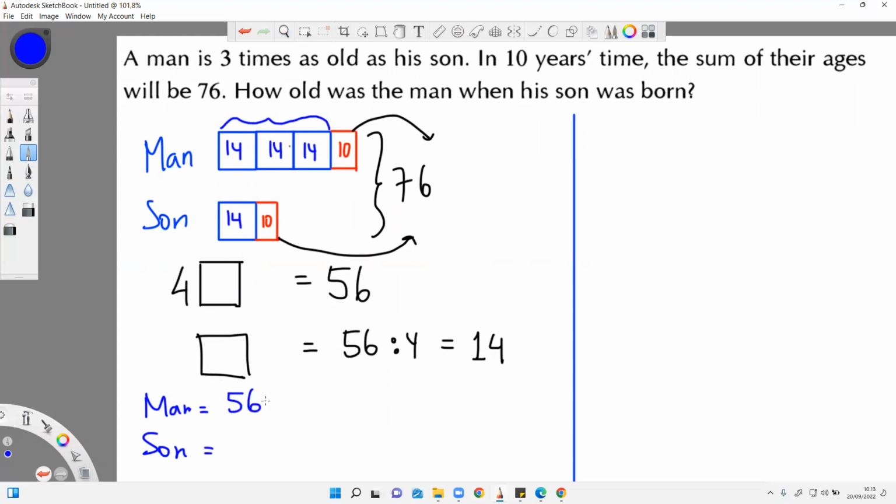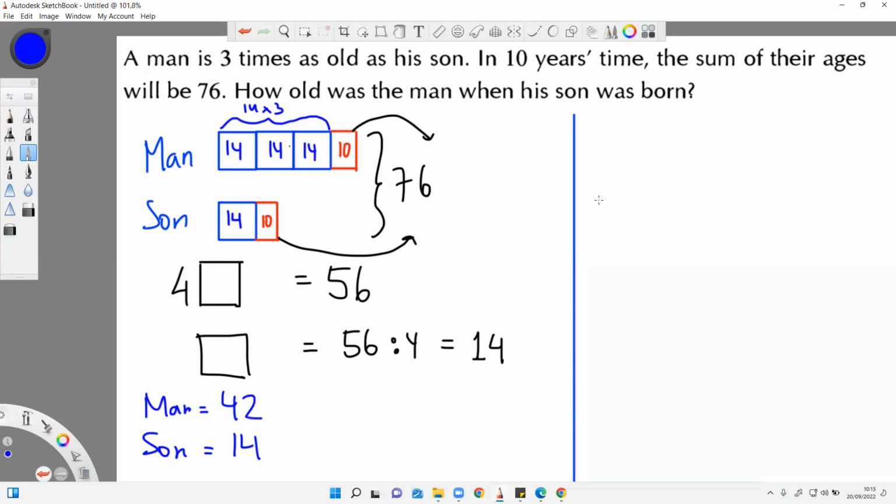Because we are doing the present age, not 10 years ahead. And the son is 14 years old. 42, I'm sorry. 42, are you sure? So 56 divided by 4 is 14. So 14 times 3, yeah, I'm sorry guys. Thank you, Jones. 14 times 3 bars is 42 years old.